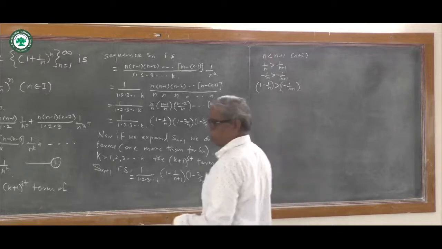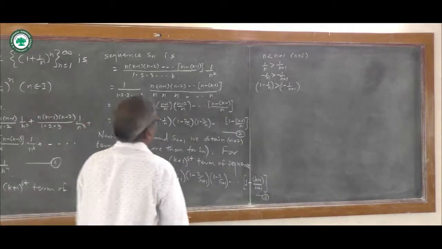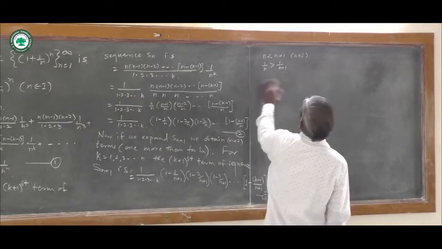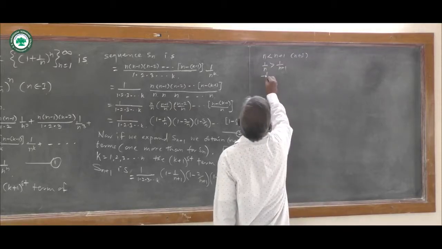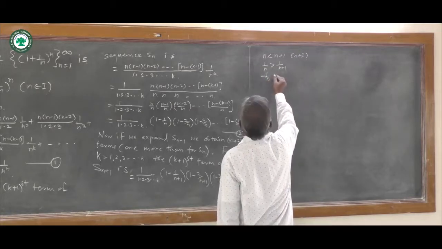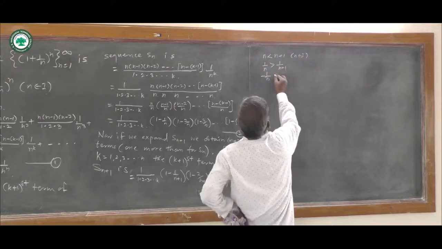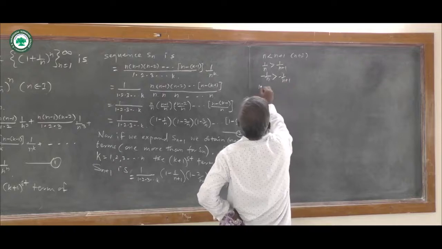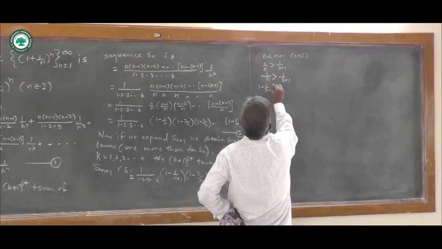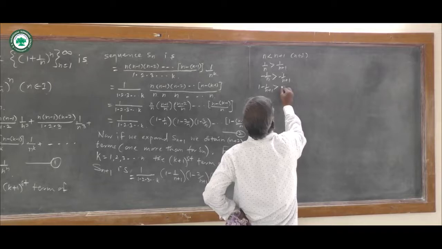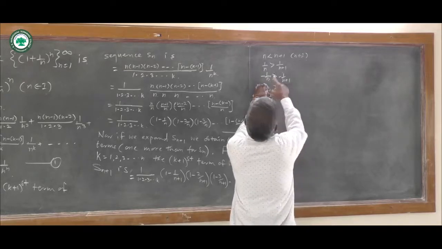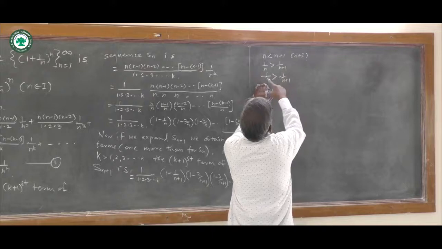Multiplying by minus 1, there is a small mistake. Since n is less than n plus 1, 1 upon n is greater than 1 upon n plus 1.